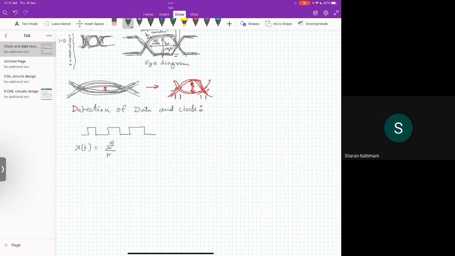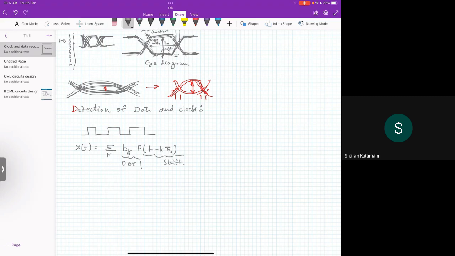It is going till n, and it will be bk. Maybe I write simply k here. Okay, so here this can be 0 or 1, based on the data, and this is the shifted version of it.